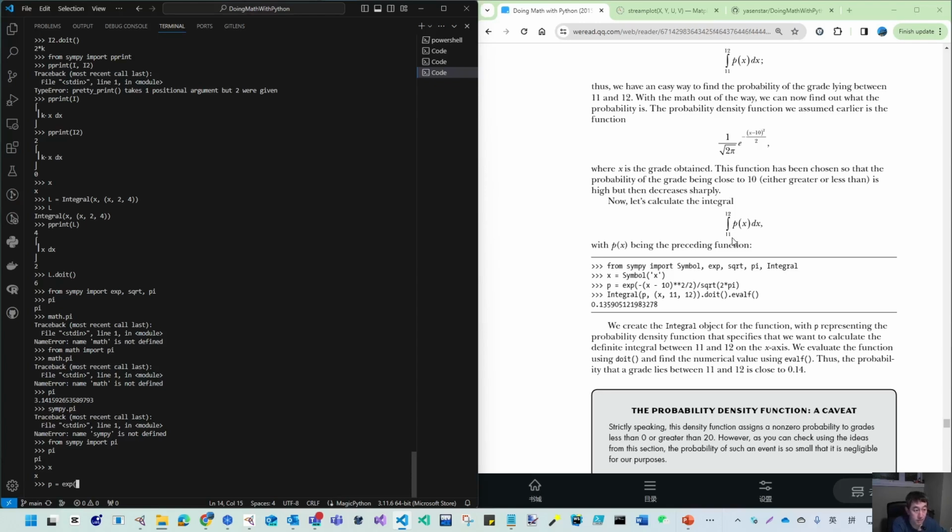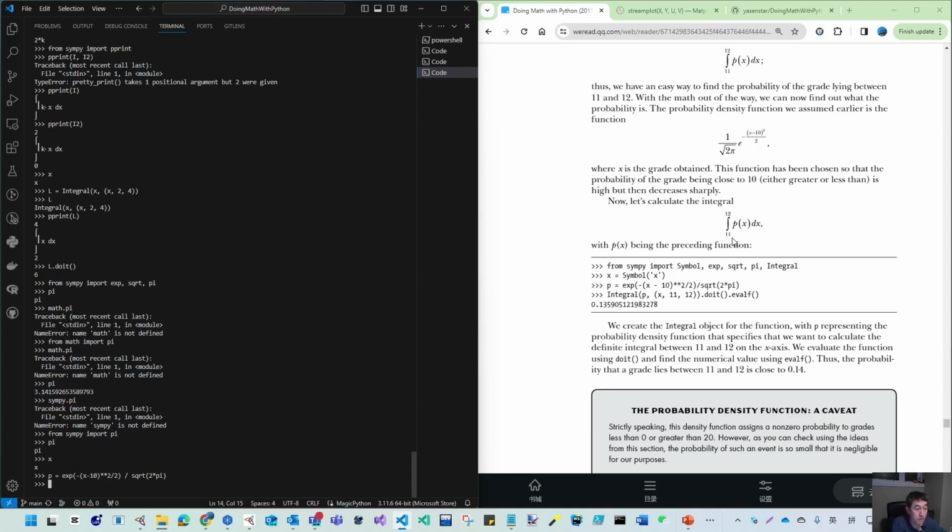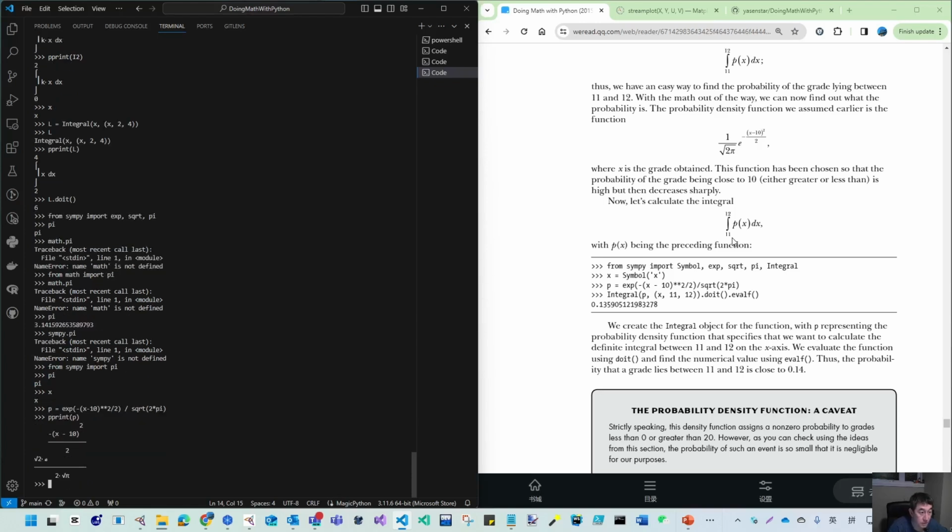When we have this exp, then it's minus (x minus 10) squared, divided by 2. That is the exp part, and then divided by the square root of 2 times pi. So it's quite easy. Let's print p. It's like this.